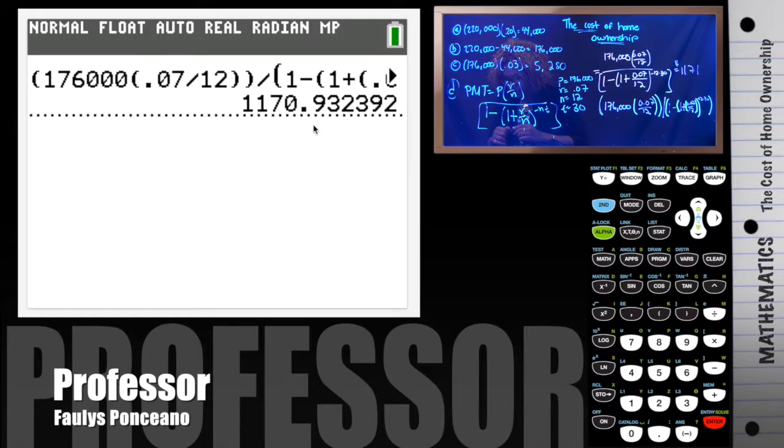So let's see what we need to do for part E, which is the last part of this example. It says find the total cost of interest over the 30 year period. So you want to know how much you ended up paying in interest for this. So you want to multiply the payment times the number of periods times the number of years, then subtract that from the loan amount, which is 176,000.